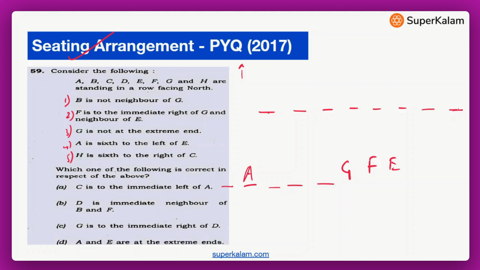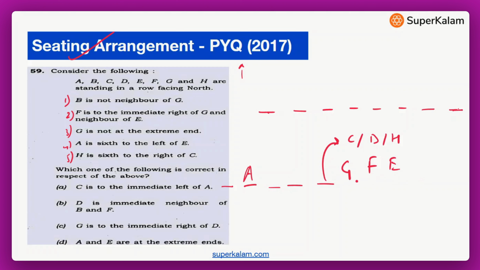One more piece of information we were given before was B is not a neighbor of G. So in this blank, B cannot be there. So what are left are C, D, and H. B cannot be here. Now let's see how many places we have filled: 1, 2, 3, 4, 5, 6, 7.